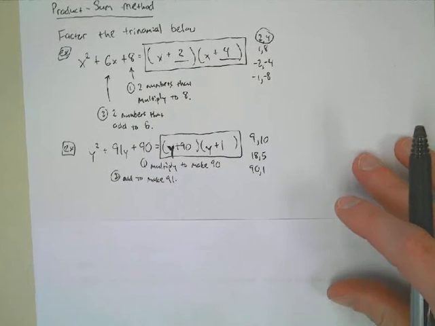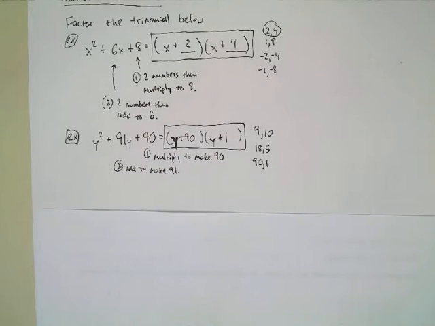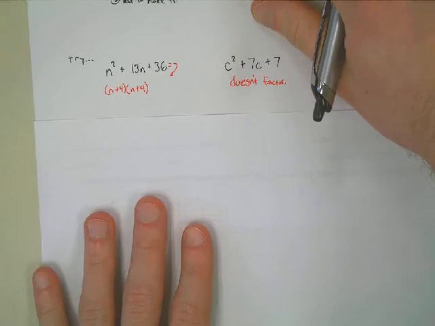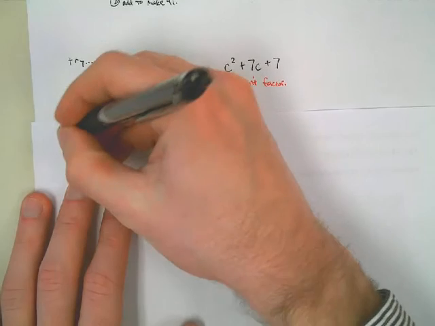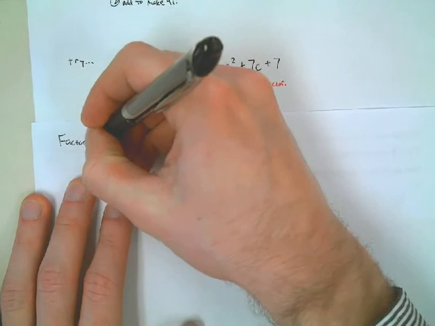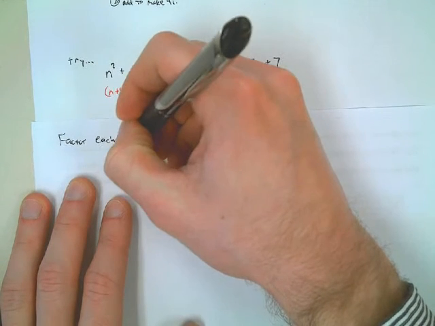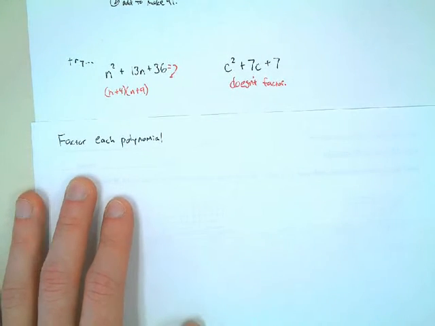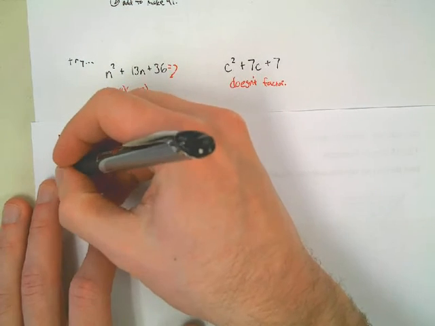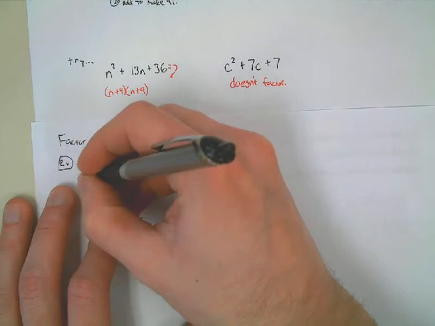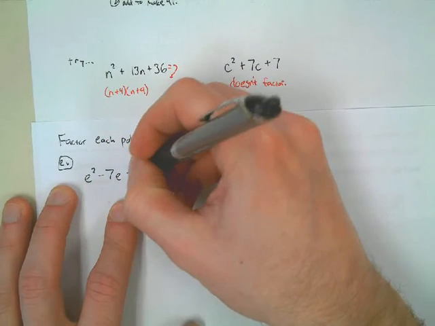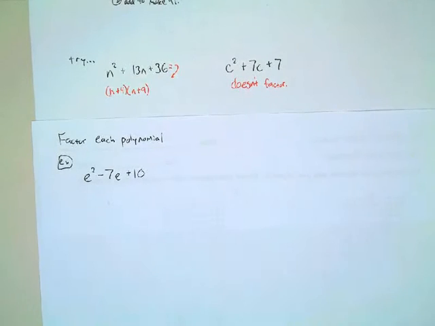All right. Here we go. We're going to try this next one here. So again, same directions, but now let's change things up a little bit. So now we're going to change some signs.